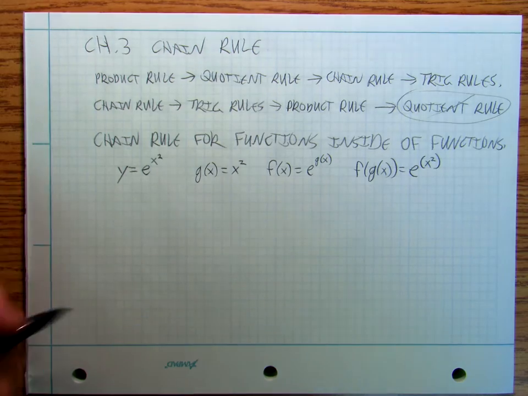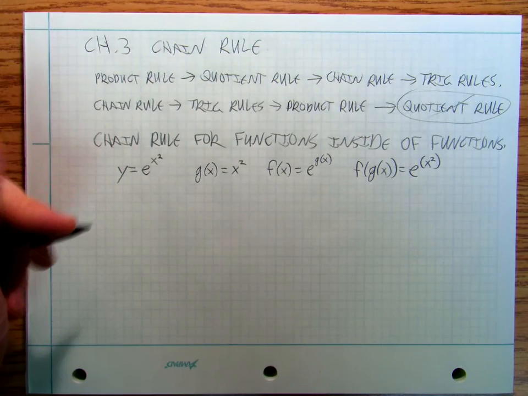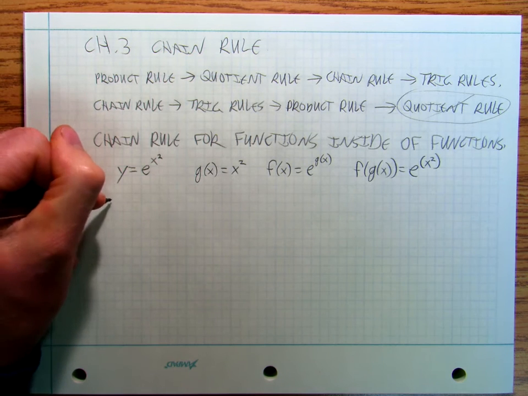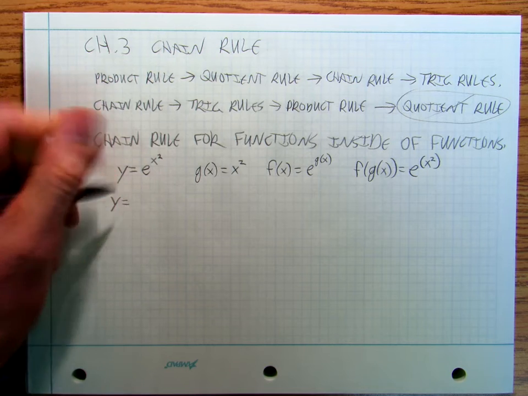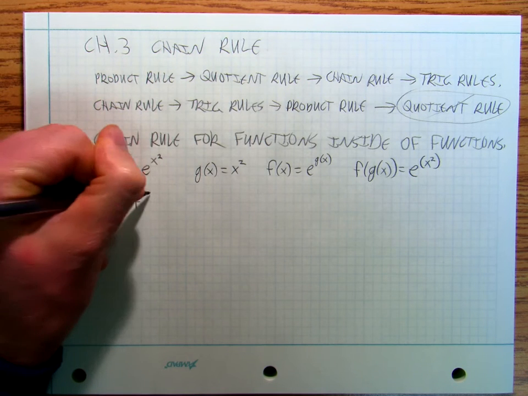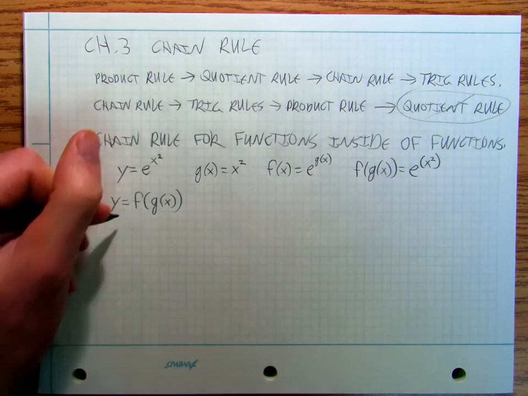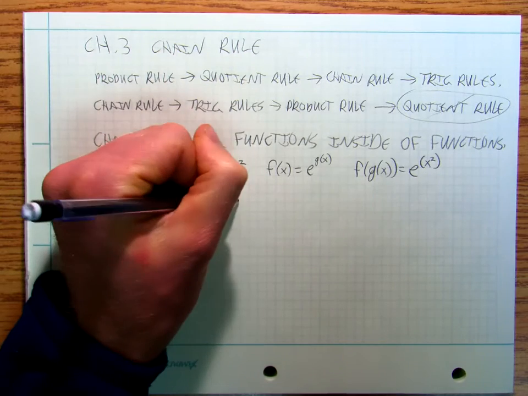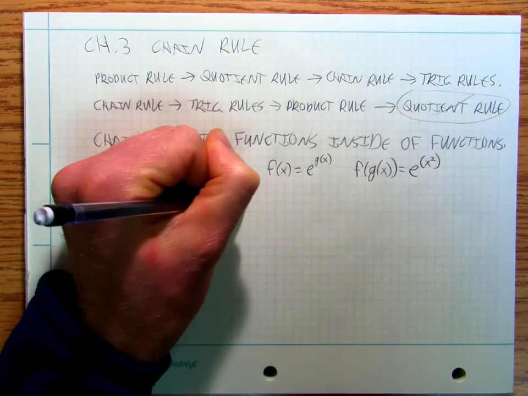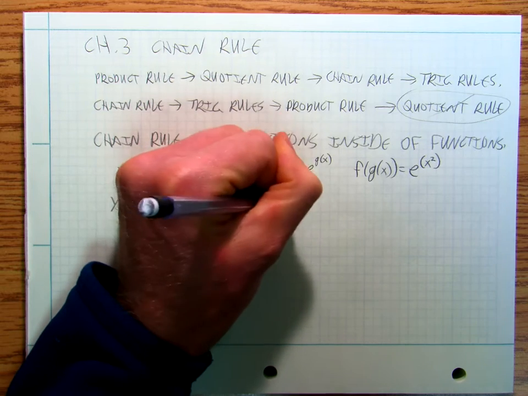Okay? And then what I sort of threw out earlier is I said that if you've got y equal to some function inside of another function, then dy dx is equal to the derivative of the inside function times the derivative of the outside function.